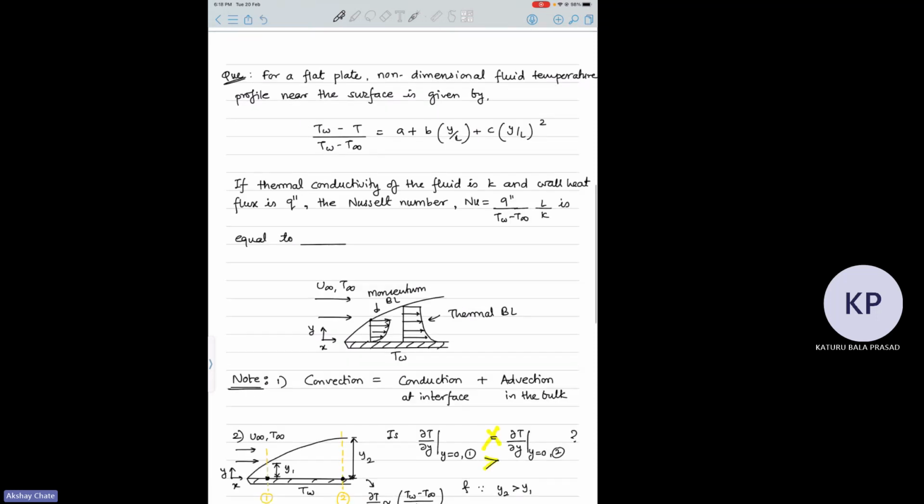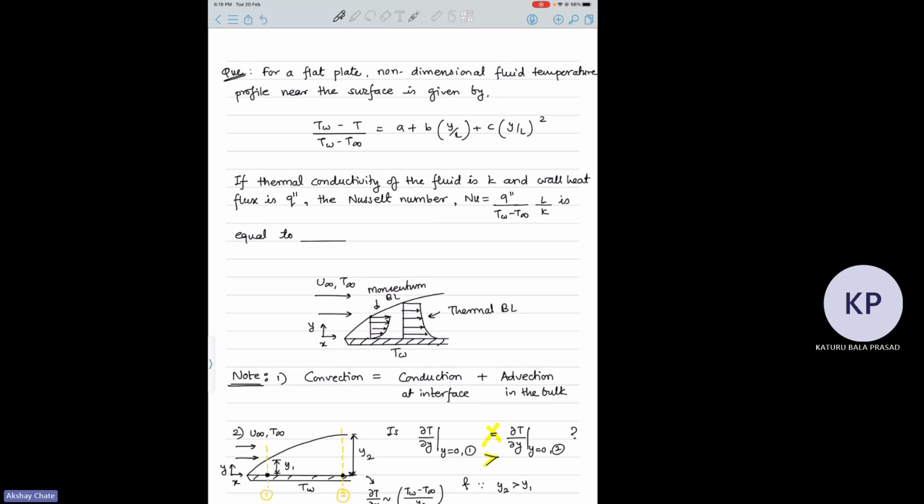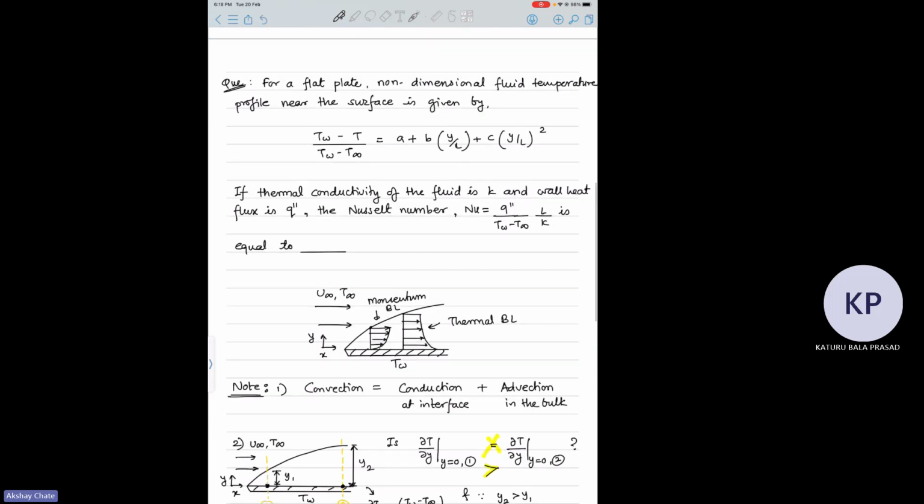So coming back to this question, we can look into that here only. There will be conduction from the wall to the bulk of the fluid, so that will be K del T by del Y at Y equal to 0, and the same heat will be getting convected from the wall to the bulk.